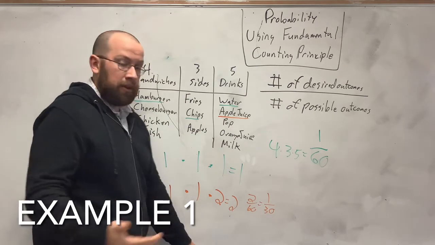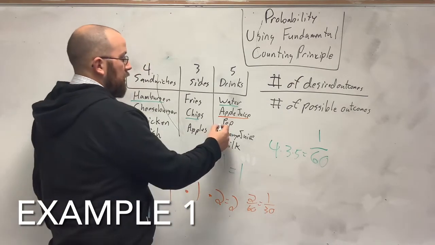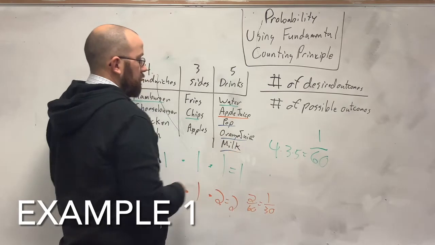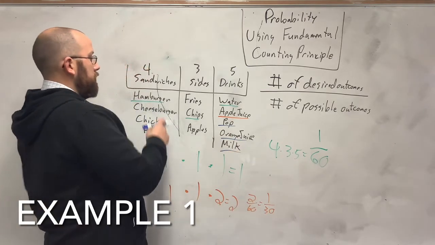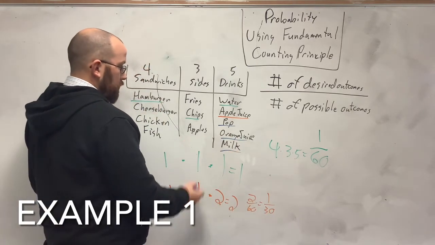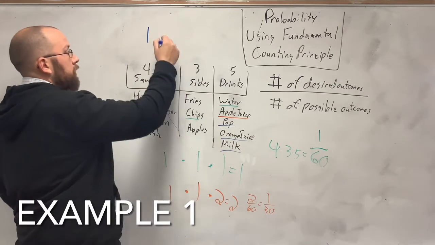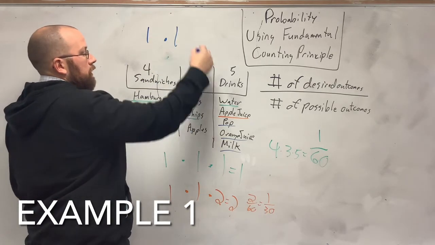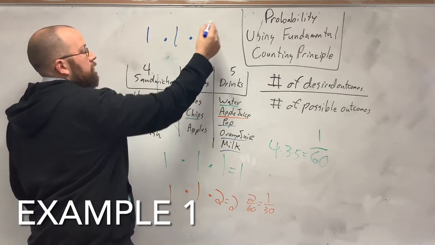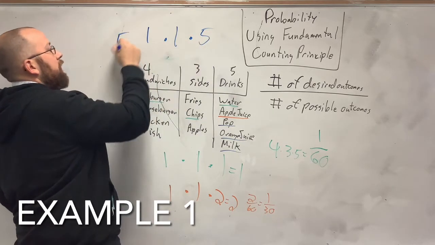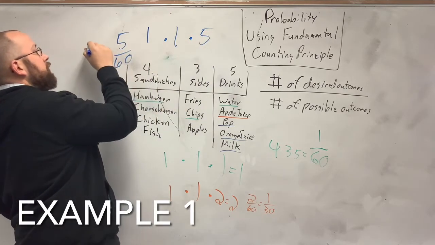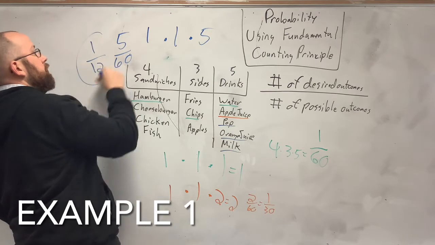So let's take this one step further. Let's say I want all 5 drinks. It's still 1 hamburger, 1 chip, but now I have 5 drinks. So that's 5 over the possible number of outcomes, which is 1/12.